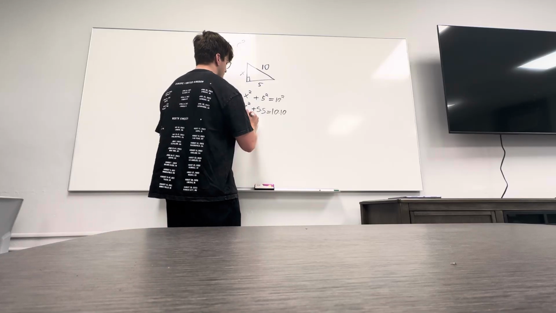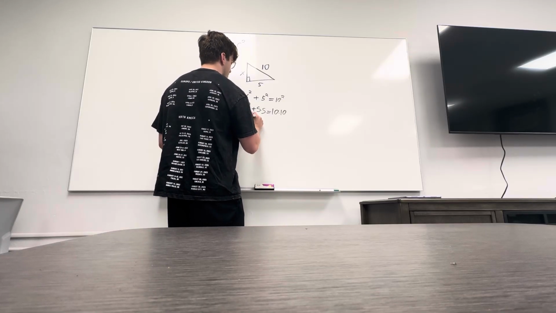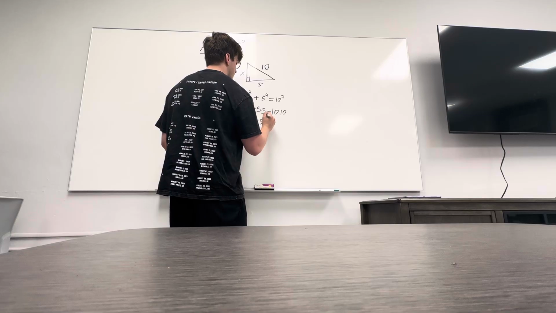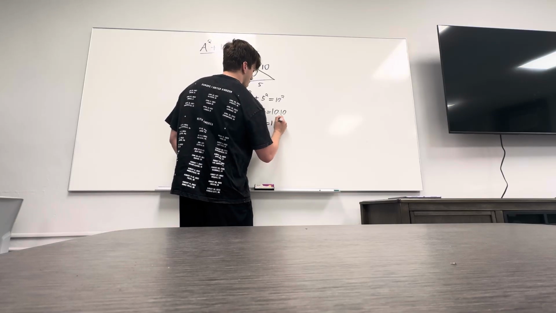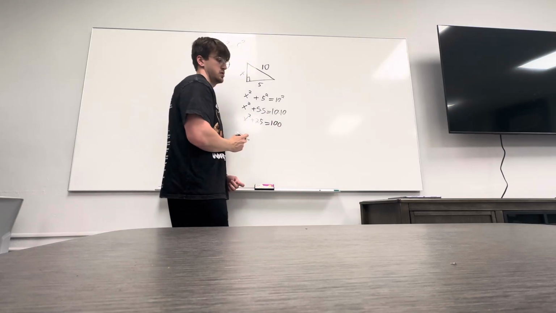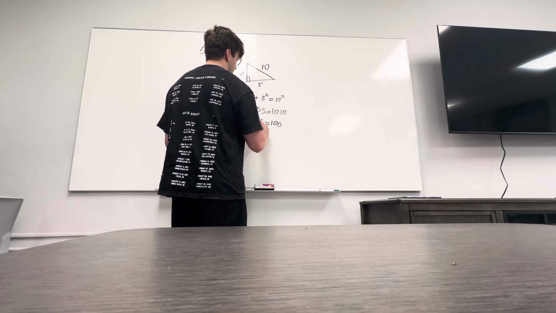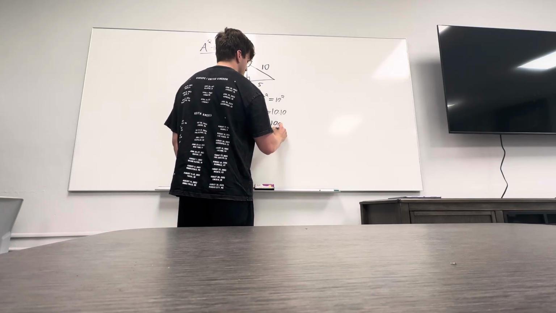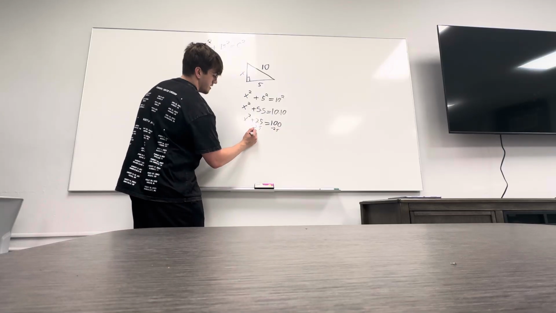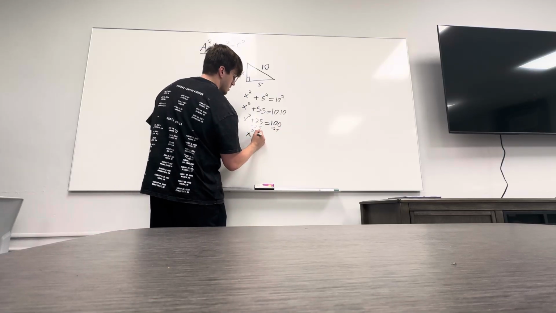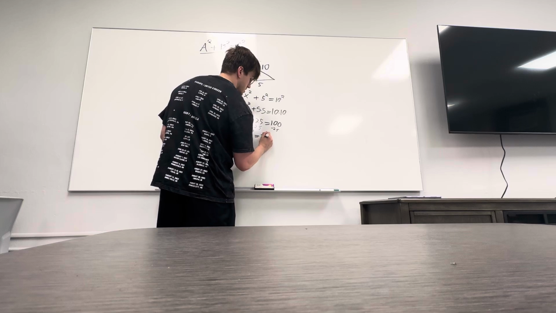So once you got that, you get x squared plus 25 equals 100. And then you minus 25 from both sides. And then you end up with x squared equals 75.